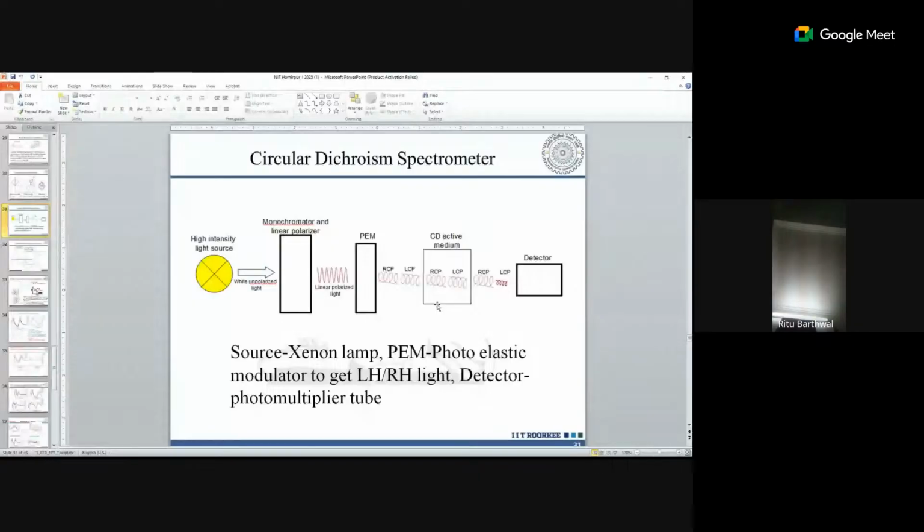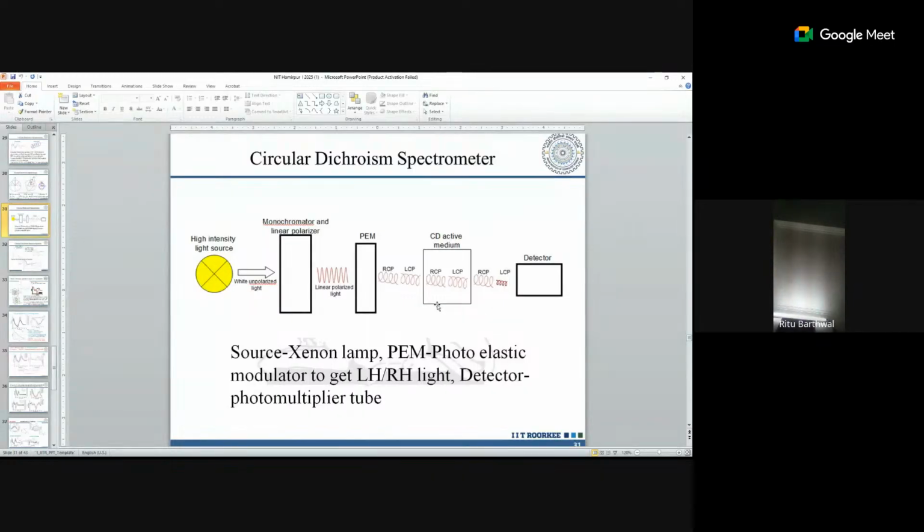This difference is, by the way, very, very small. If your OD is 0.5, it will be 0.0005. It is 1 by 1000, which also means you must have a very good source of light and a very efficient detector. Otherwise, how will you detect?